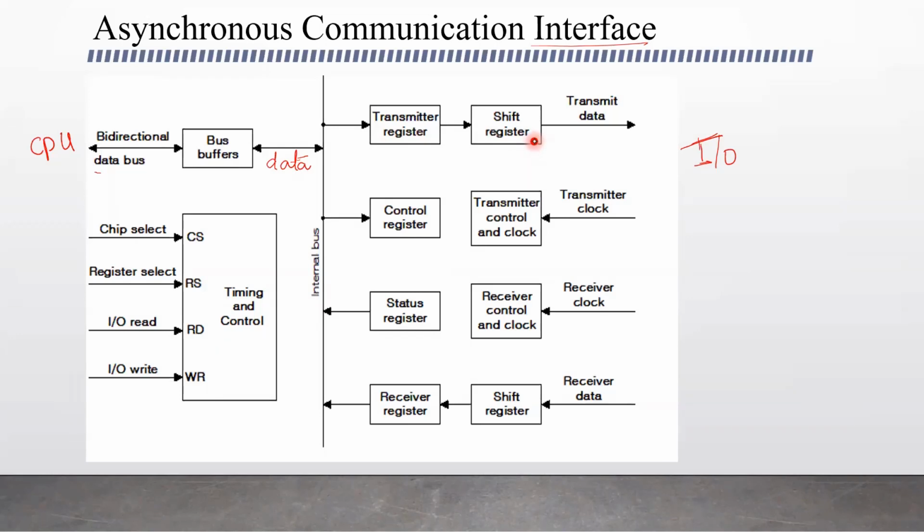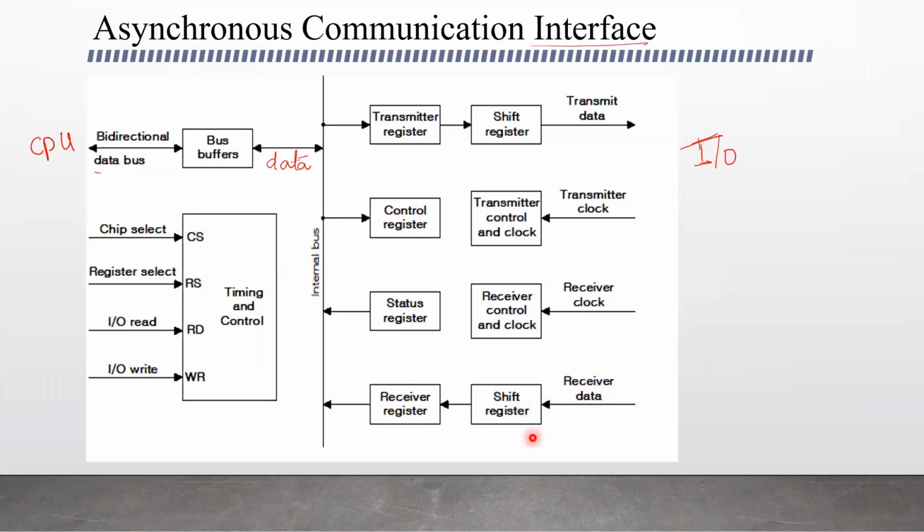And for the receiver, let's now see the receiving operation of the CPU. Here we have the receiver part of the interface. When the data arrives from some unit, it needs to be transmitted to the shift register.